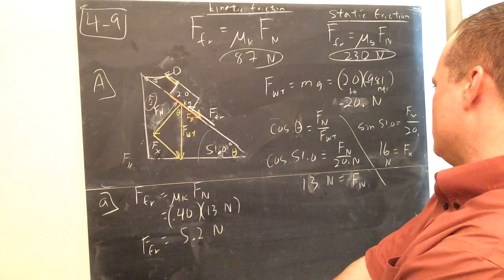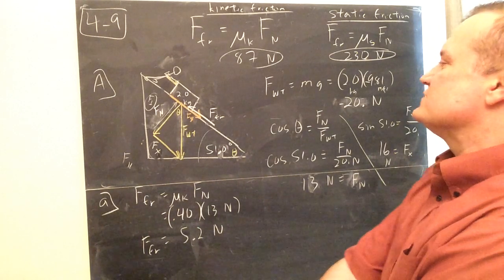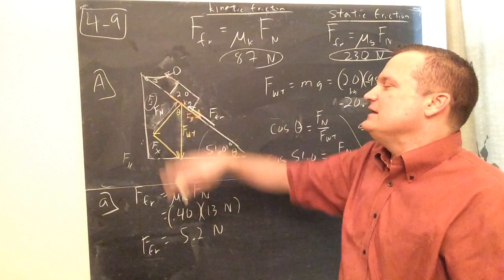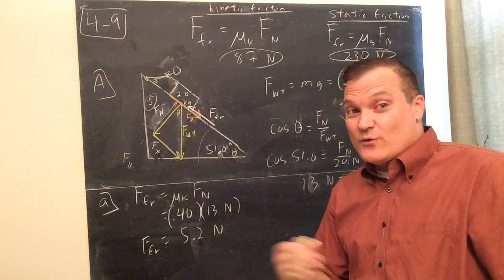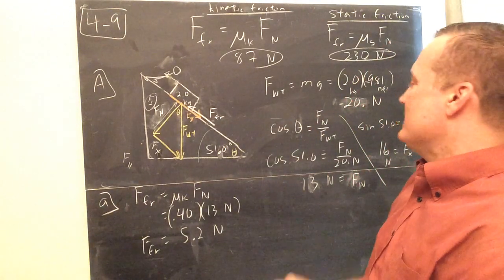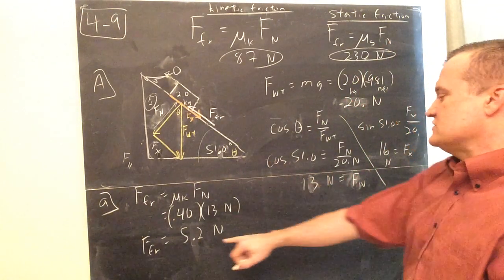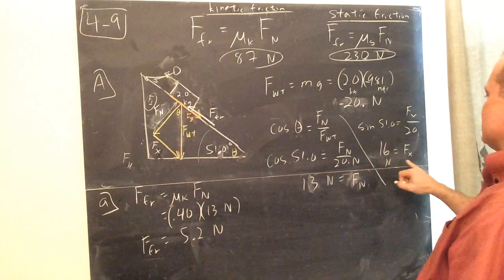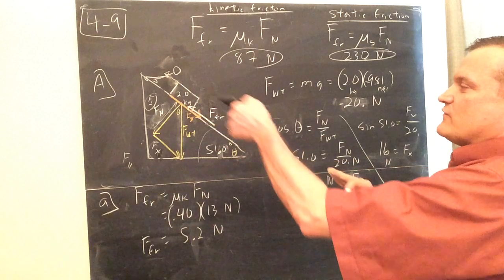This is kind of a weird question. He doesn't really have to do anything. He's not putting any force on it. We'd need to know his force if he were, but he's not sliding at all, because look at this. Friction is 5.2, but gravity, Fx, is 16. Gravity is going to overcome that.